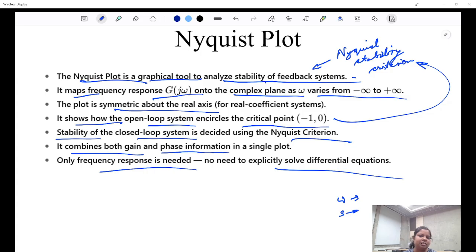But in all these cases, without solving any differential equation and without writing the characteristic equation, we are able to find how the closed loop poles are going to evolve, and at what point we reach the verge of instability, right? So that is the whole point of doing this frequency domain analysis, right?